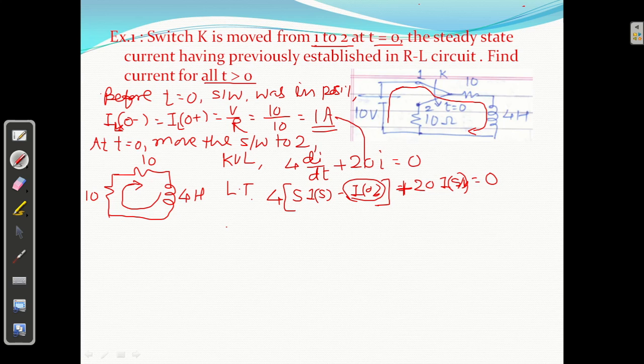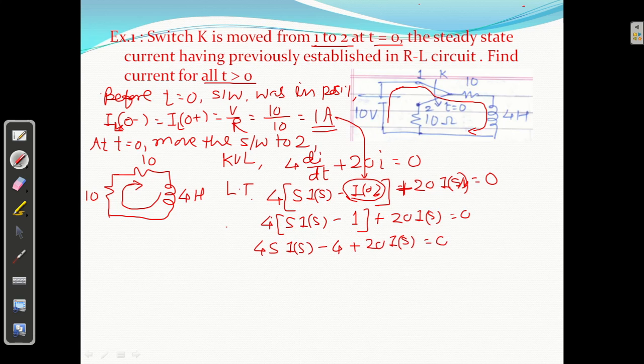What is the initial value of current? 1 ampere. So here I write 4 S I(S) minus 1, plus 20 I(S) equal to 0. If you solve it, you will get 4 S I(S) minus 4 into 1, that is 4, plus 20 I(S) equal to 0.